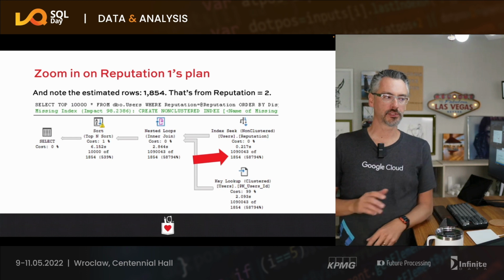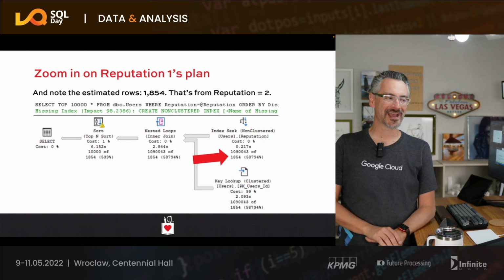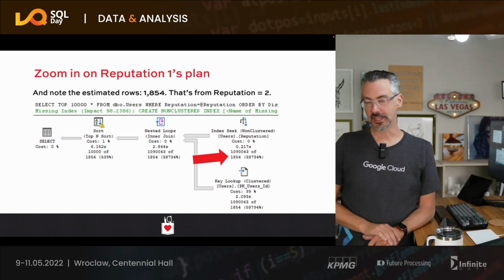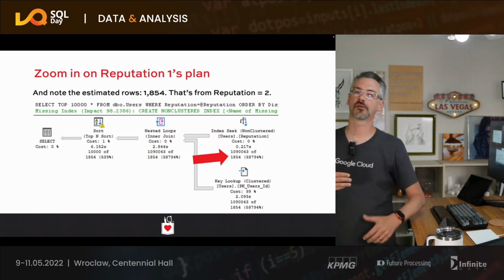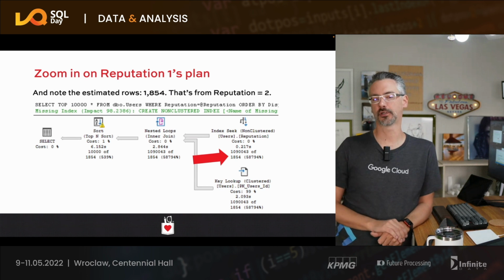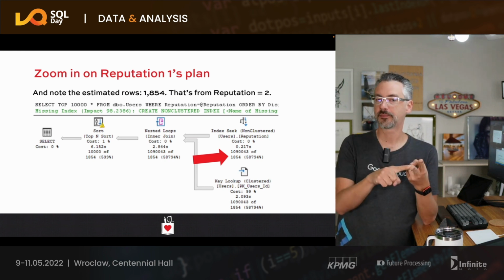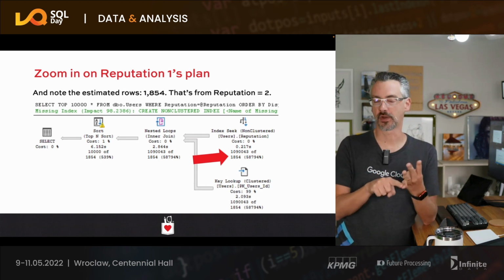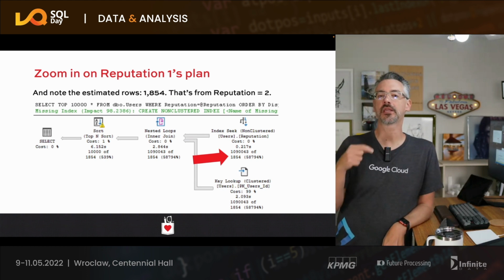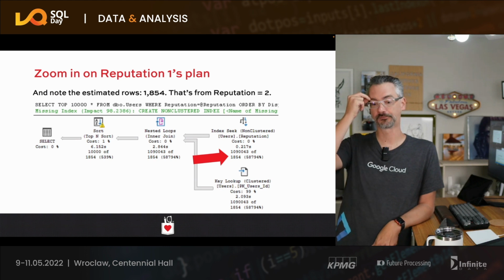If I look a little more closely on reputation 1's plan, the second query that runs, the estimated number of rows, 1,854, is reused from the earlier query's execution. Whatever parameter happened to run first, it sets the estimates, it sets the shape of the plan, it sets the parallelism, it sets the memory grants. SQL Server will keep reusing reputation equals 2's query plan over and over again.